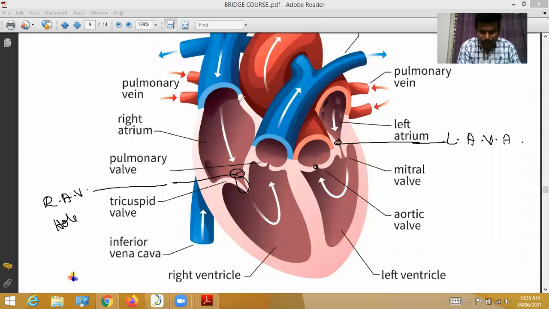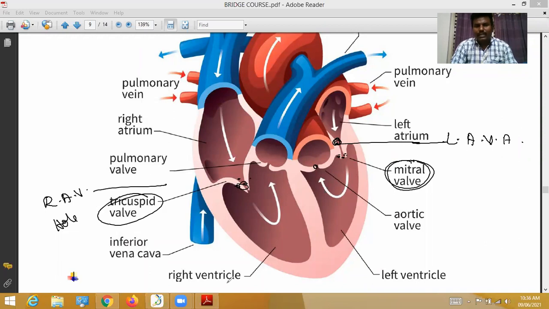These holes are protected by valves. Here the valves are called mitral valves, and here the valves are called tricuspid valves. These valves always guard the right and left auriculoventricular apertures.